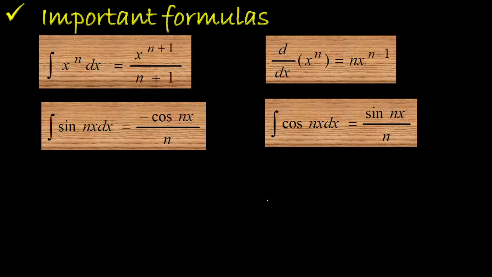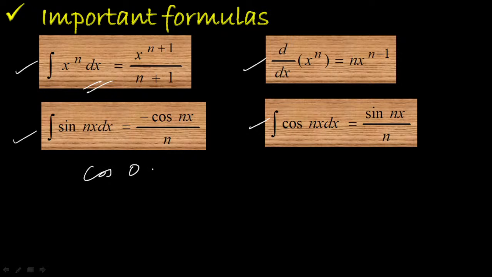The next one is the basic formulas of integration and differentiation, as you know already. Integral of x to the power n dx is equal to x to the power n plus 1 divided by n plus 1, whereas d by dx of x to the power n is equal to n x to the power n minus 1. Integral of sin n x dx is equal to minus cos n x by n, and integral of cos n x dx is equal to sin n x divided by n.